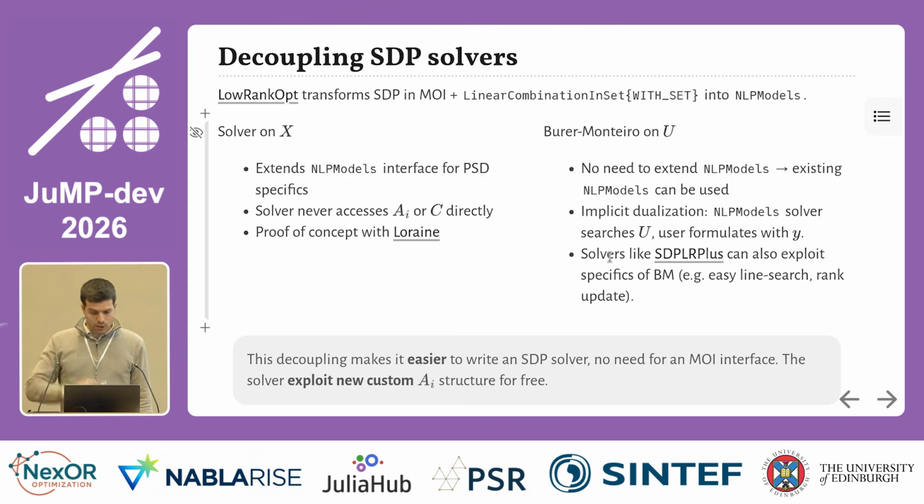Okay, and so the idea in LowRankOpt is that if you want to write an SDP solver and start to support more than sparse matrices, just implementing the interaction between your PSD matrices and all the user data, the Ai matrices, the C matrix, and the B matrix becomes quite a complicated problem, and you probably don't want all SDP solvers to redo this part. And so the idea is that LowRankOpt will implement an MOI interface that will have support for these custom sets, and then take the scalar product with all these Ai matrices the best way.